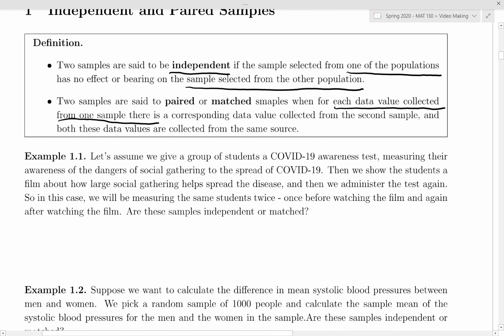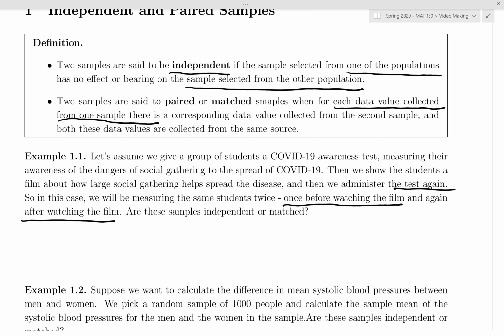Example 1.1: let's assume we give a group of students a COVID-19 awareness test, measuring their awareness of the dangers of social gathering to the spread of COVID-19. We give them a test, then we show the students a film about how large social gatherings help spread the disease, and then we administer the test again. So we're measuring the same student twice, once before watching the film and again after. Are these samples independent or matched? We have a test score from students before they watched it, and a sample after they watched the video.